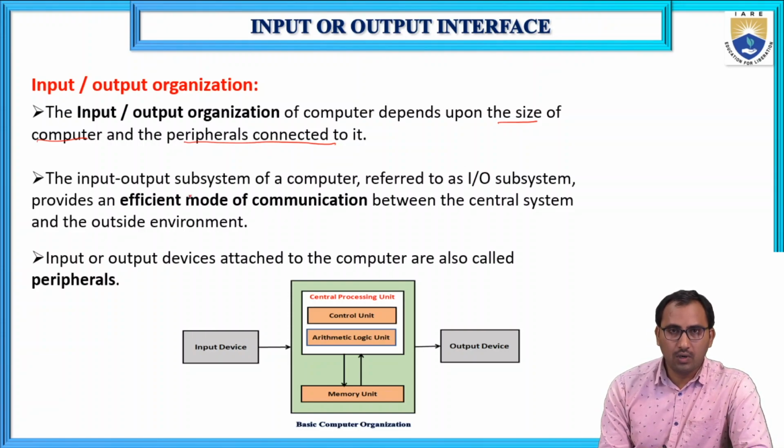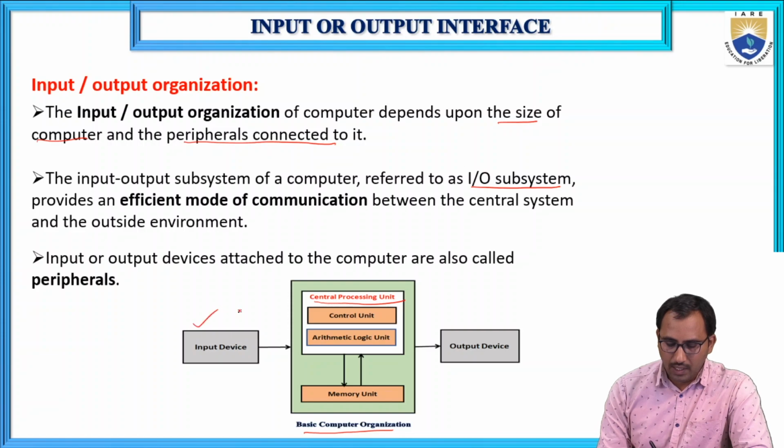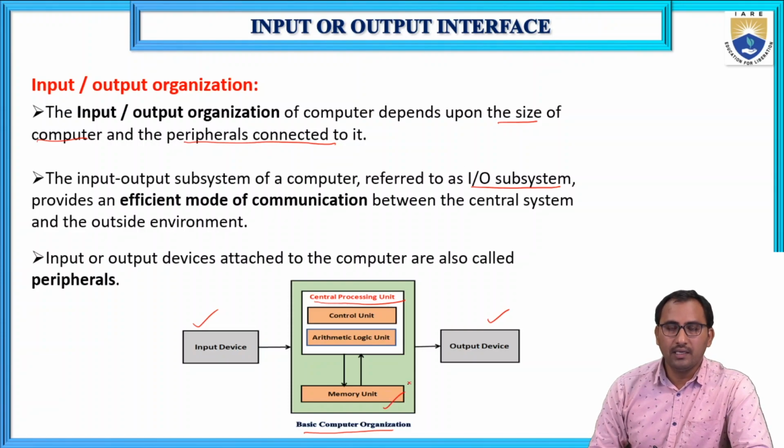The input or output subsystem of a computer is referred to as the IO subsystem. If you look into this basic computer organization, it mainly consists of three functional parts. One is the CPU, the central processing unit, and the second one is the IO subsystem, which includes input devices and output devices, and the third one is the memory subsystem.